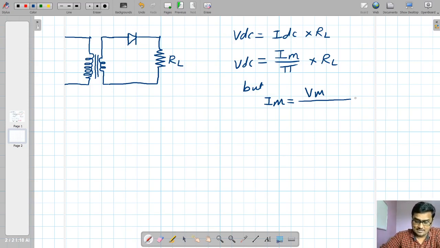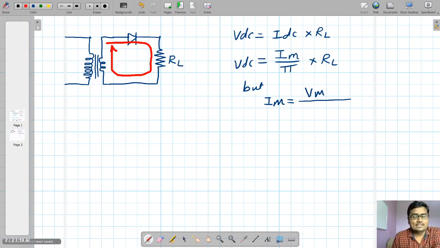Which resistance is it? Look at this. Im is the current flowing through the diode, the resistor, and the secondary winding of the transformer. It means the forward resistance of the diode will come into the picture, the value of the load resistor will come into the picture, and some resistance offered by the secondary winding also.